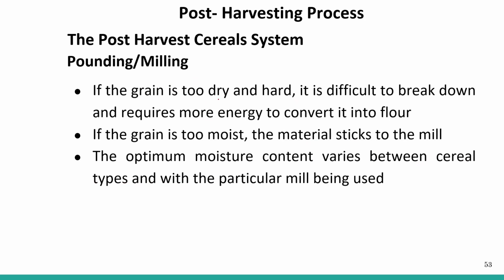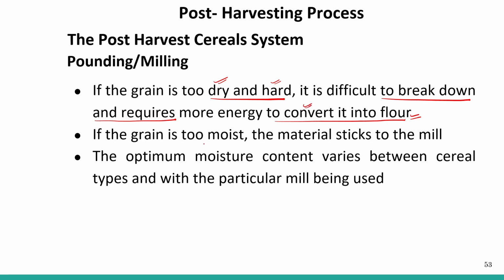If the grain is too dry and hard, it is difficult to break down and requires more energy to convert it into flour. So if the grains are dry and hard, it requires a lot of energy to break down, and then it gets converted into flour.